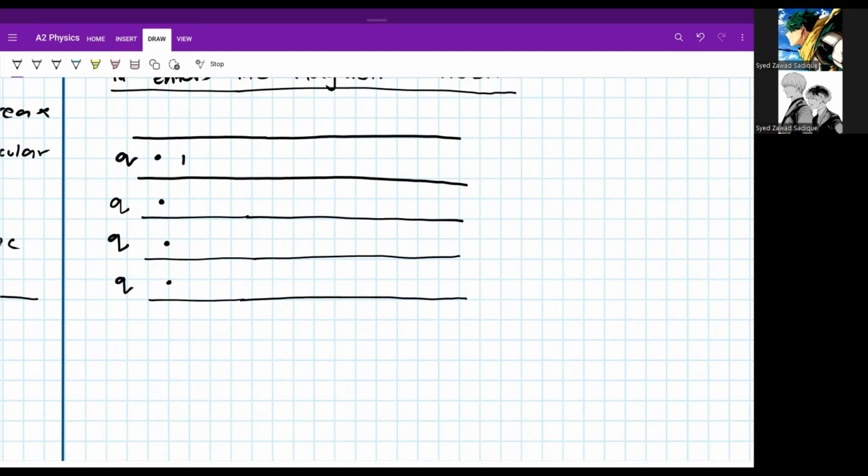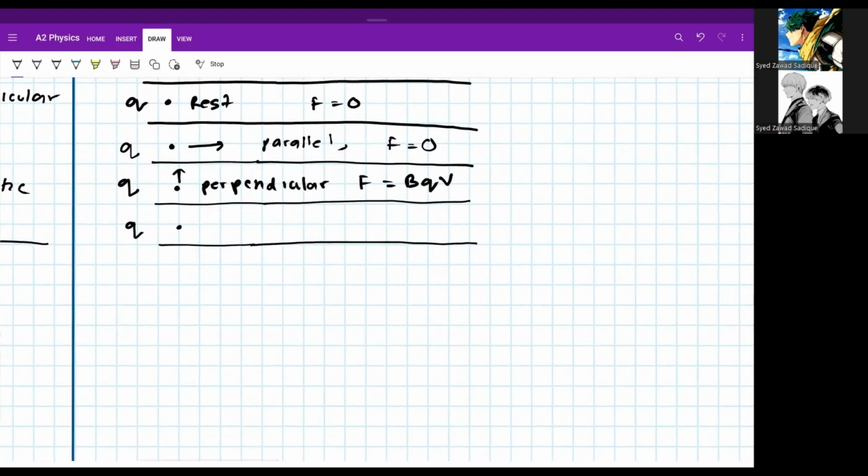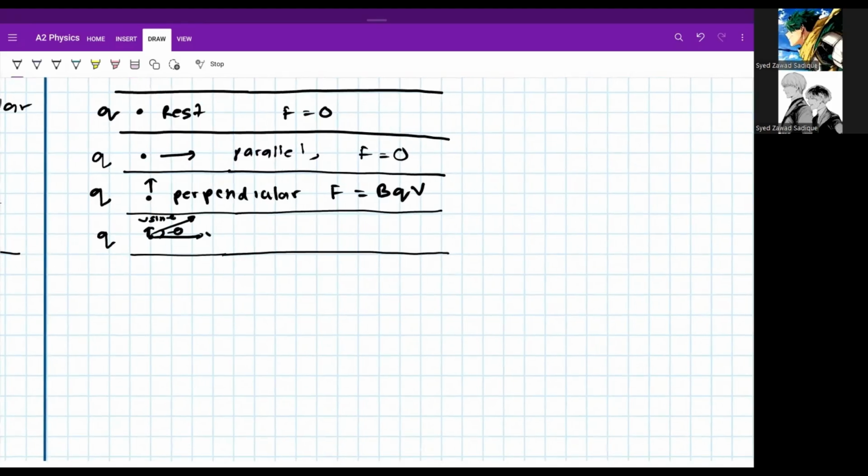Let's say this is at rest, then the force would be 0. If it is parallel, force is also 0. If it's moving perpendicular, then the force is BQV. If it's moving at an angle theta, then the component is V sine theta, so the force would be BQV sine theta.